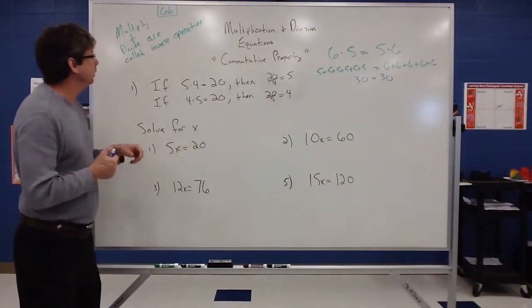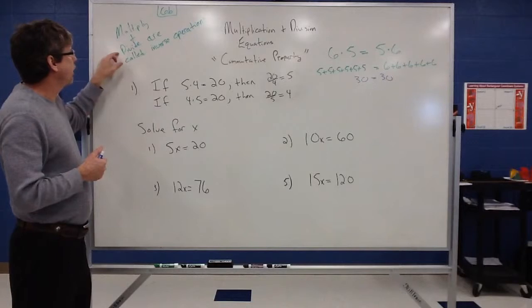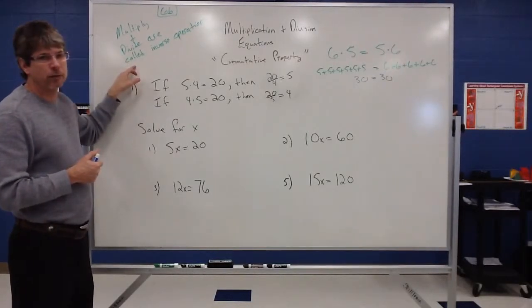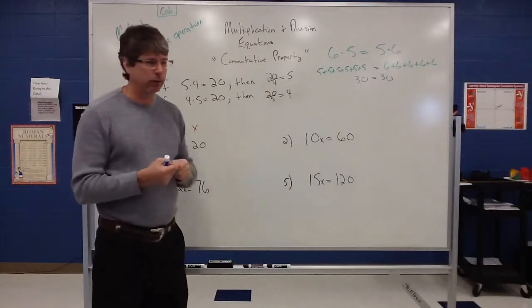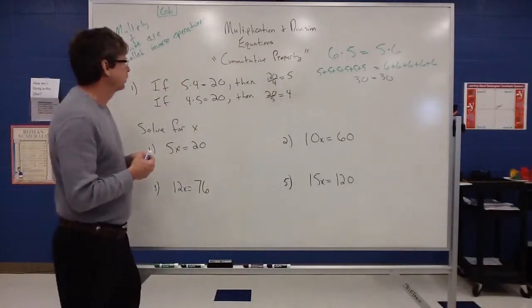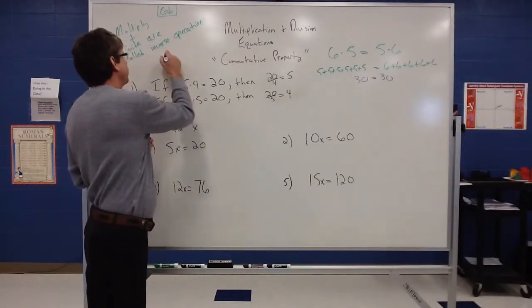Another thing we've talked about, and I just want to reiterate, is that multiplying and dividing are called inverse operations. They work the opposite of each other, if you will. So for us, we also look at this as thinking backwards.